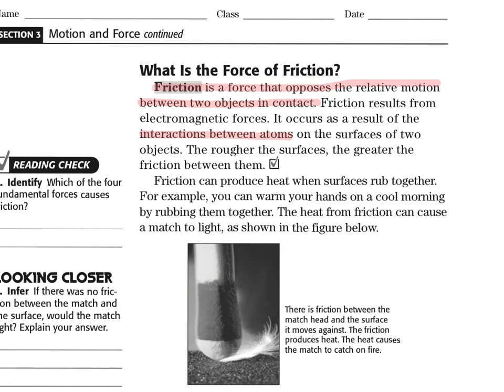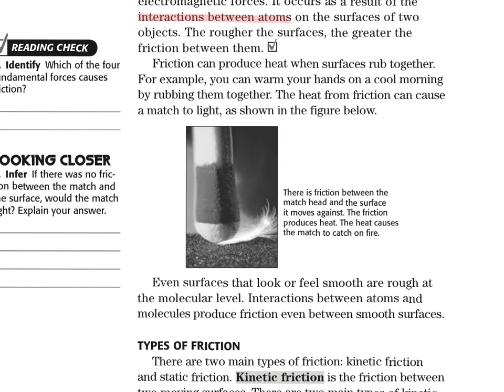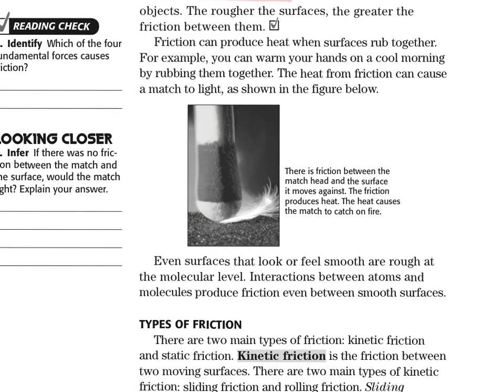An example of friction is what allows us to strike a match. And we can always tell when friction is present because it produces heat. Two objects that come in contact are always going to produce heat because of their interaction touching.